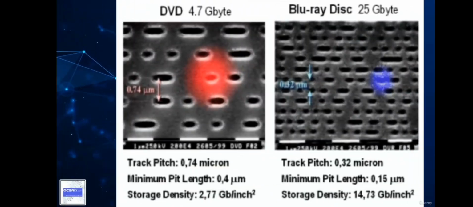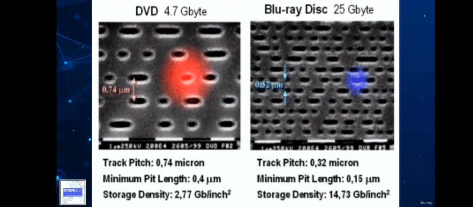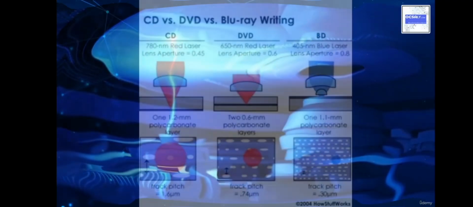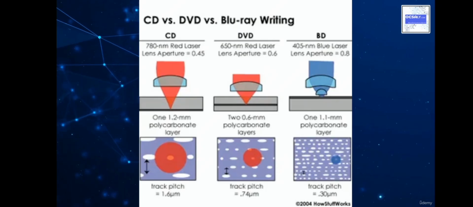The Blu-ray disc, BD, often known simply as Blu-ray, is a digital optical disc storage format. It is designed to supersede the DVD format and is capable of storing several hours of high-definition video, HDTV 720p and 1080p.